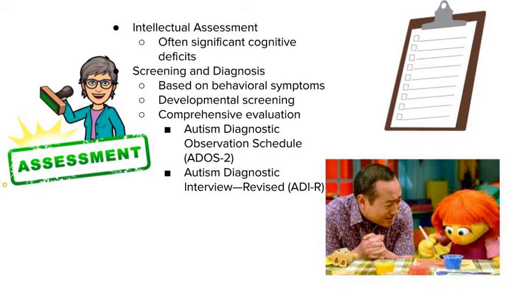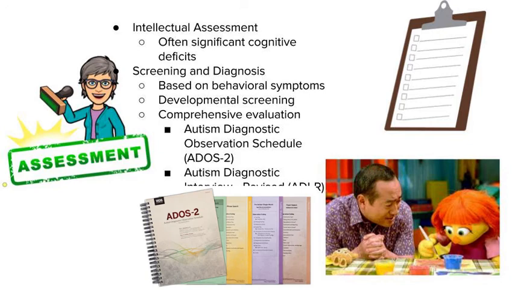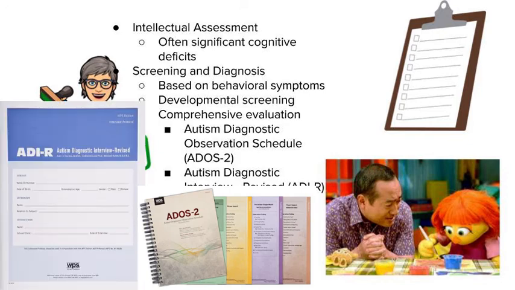It is never the only thing, though. Second, we look at screenings. So we look at behavioral symptoms. We can have behavioral screeners. We can look at developmental screeners. There are 2 comprehensive evaluations that are commonly used. One is the Autism Diagnostic Observation Schedule, or the ADOS-2, and the other is the Autism Diagnostic Interview, Revised, the ADI-R.